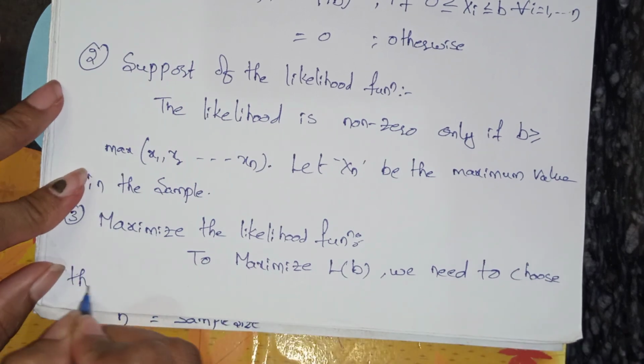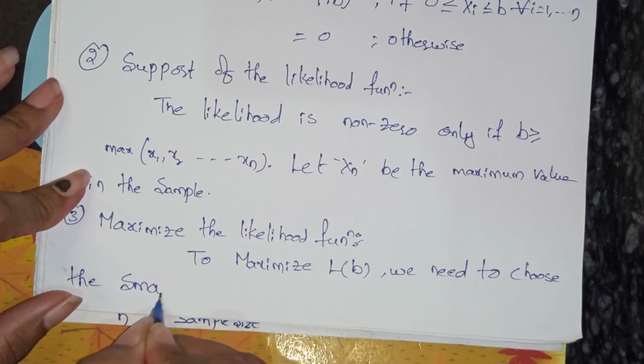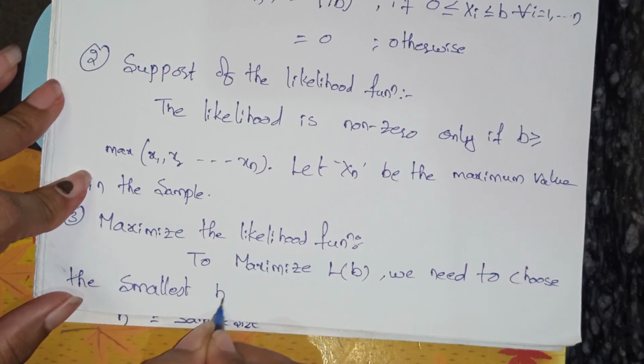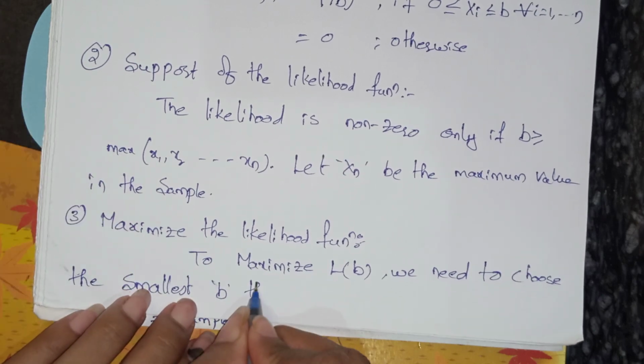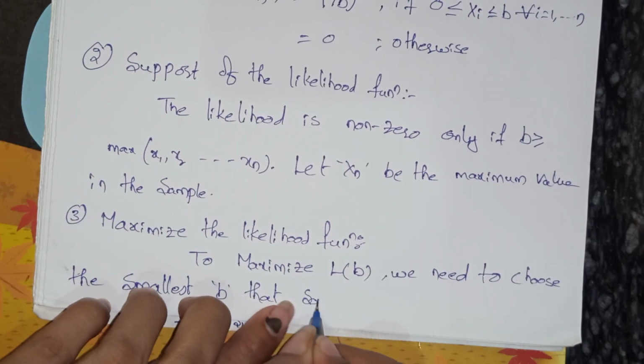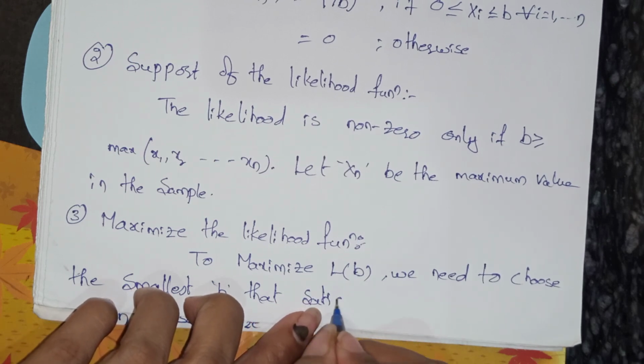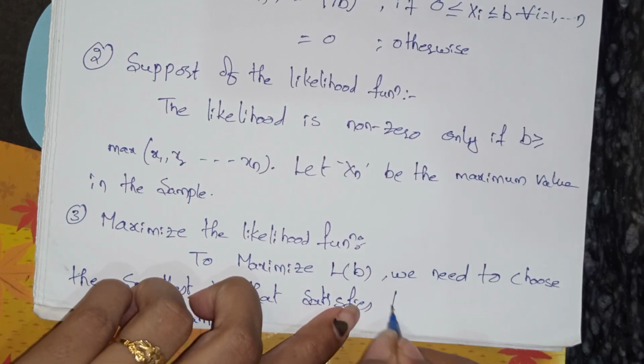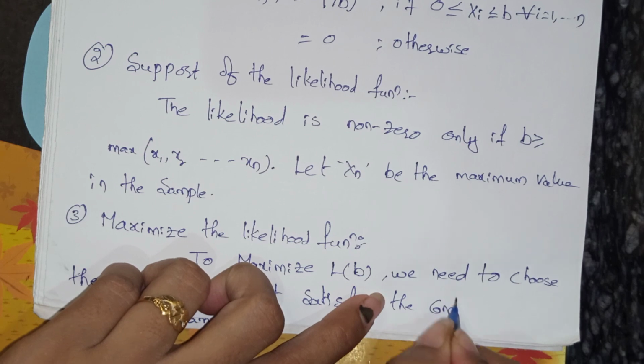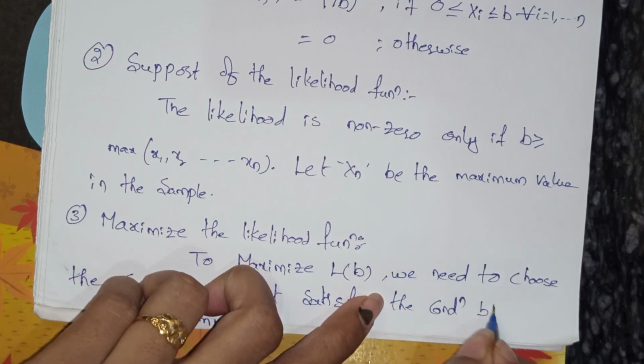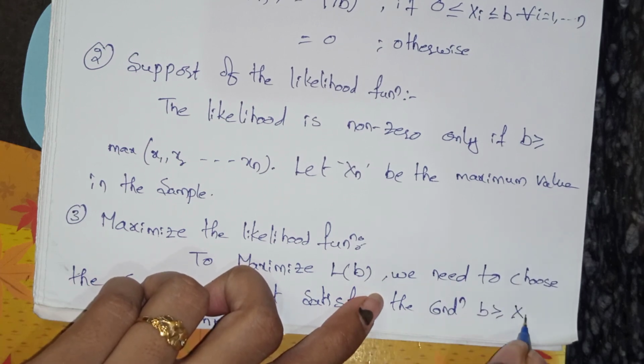We need to choose the smallest b value that satisfies the condition b greater than or equal to xn.